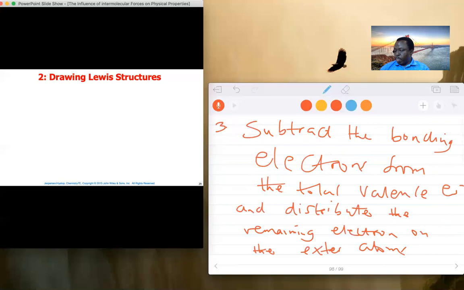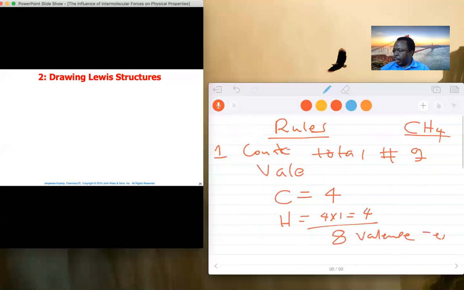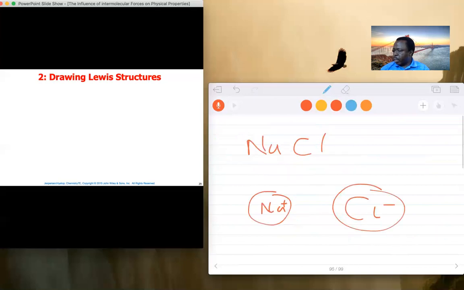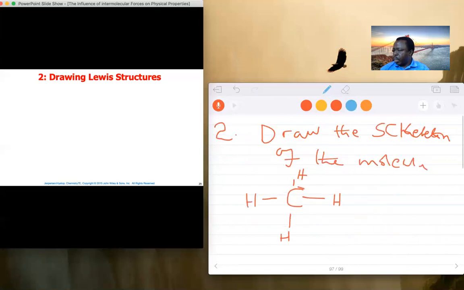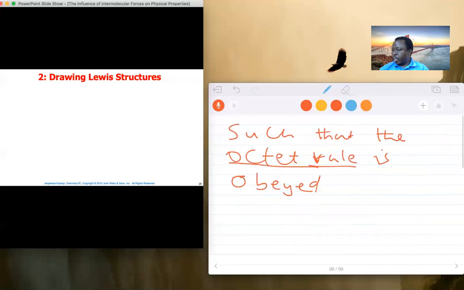So let's see. Our total valence electrons here are 8. Subtract the bonding electrons. Each line represents 2 electrons, so I have 1, 2, 3, 4 lines, 8 electrons used. So 8 minus 8 remains 0.